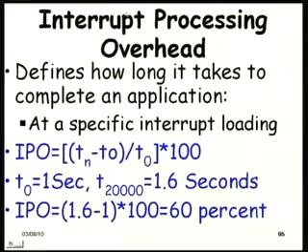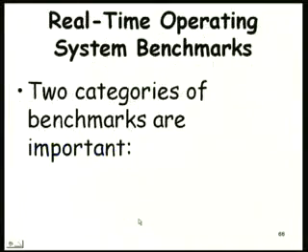So, for this specific computer, which runs the task in 1 second when there are no interrupts, and it runs the same task at 1.6 second when there are 20,000 interrupts occurring per second, then the interrupt processing overhead will be 1.6 minus 1 into 100 is 60%. And if we find that there is another computer for which the interrupt processing overhead is 80% for similar situation, obviously this one would be better for a real time application.